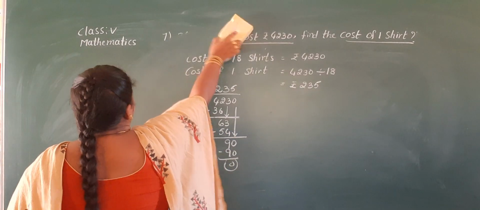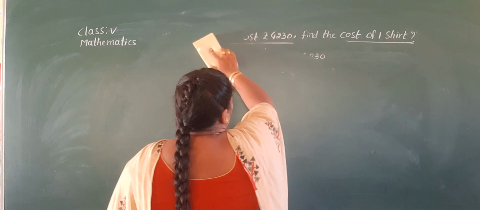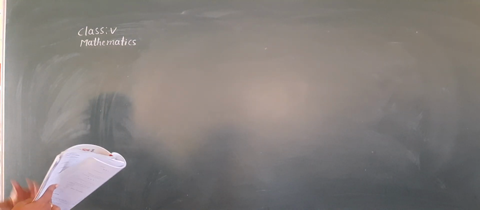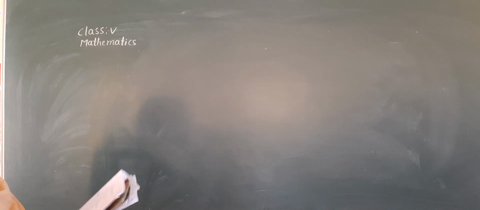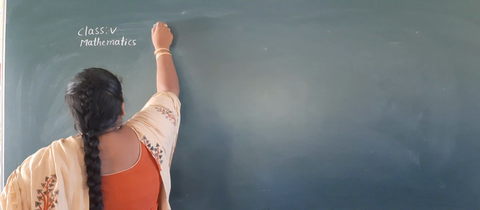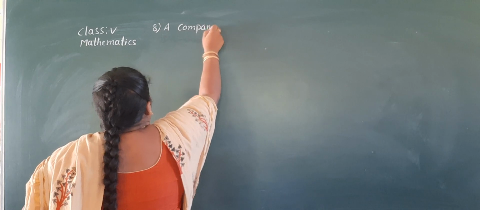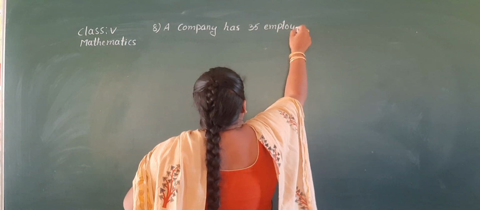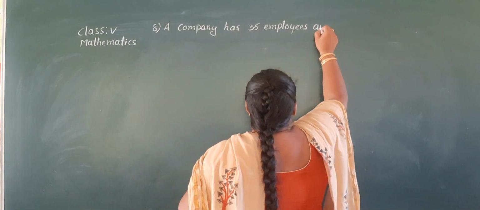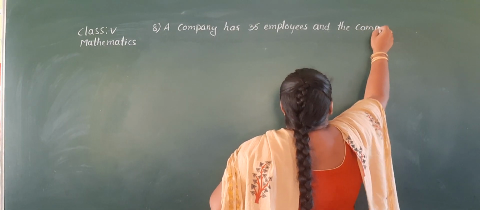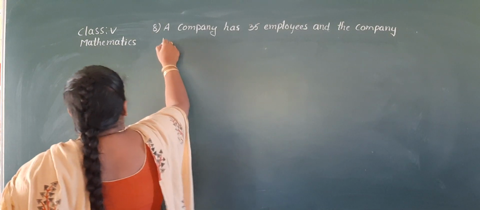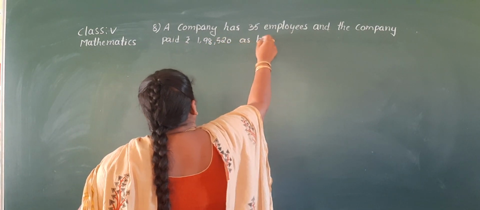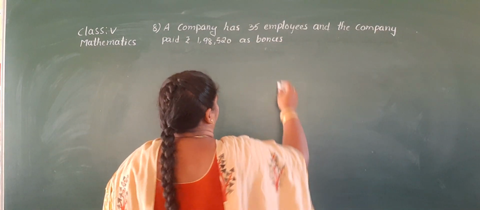Next, write the next question. As the eighth problem, a company has 35 employees and the company paid 1,98,520 as bonus to all the employees.